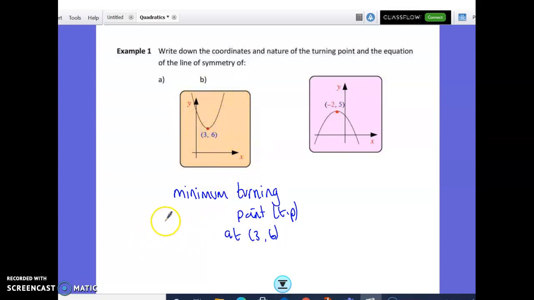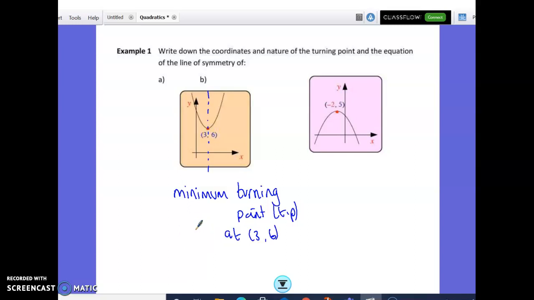So it's a minimum turning point, and the equation of the line of symmetry, your line of symmetry goes right through here. It's a vertical line. Now back when we looked at the straight line, we looked at equations of horizontal and vertical lines.